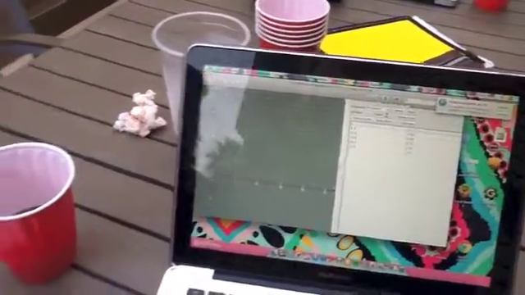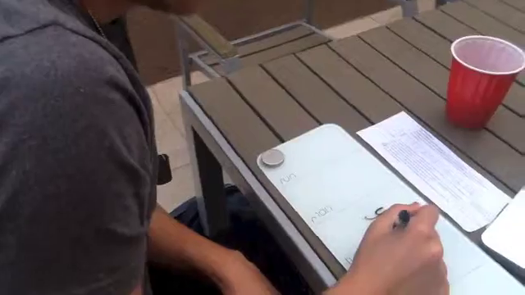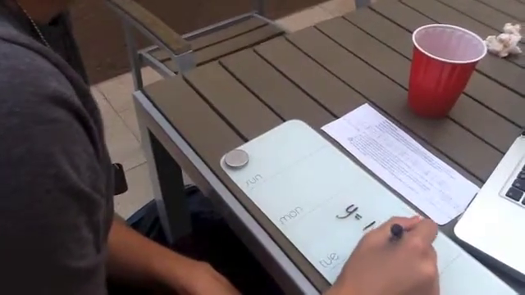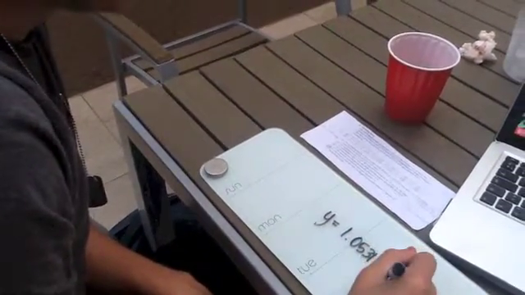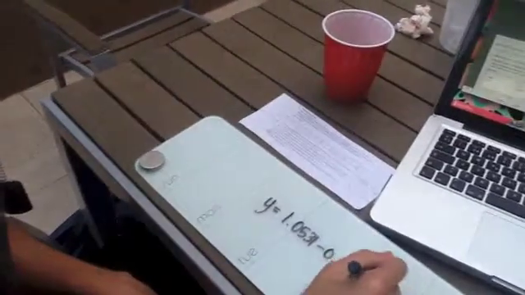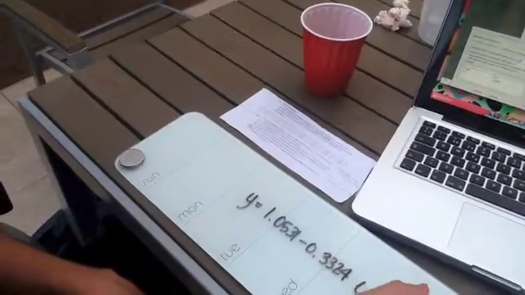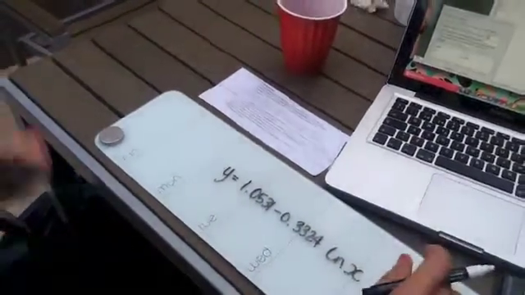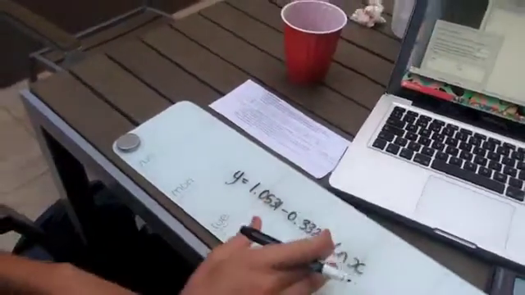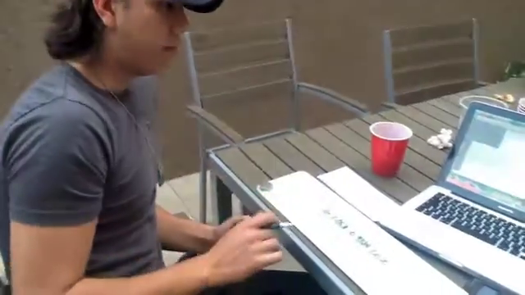We concluded that our equation was y equals 1.0531 minus 0.3324 ln of x. We concluded that this is the equation we are going to be basing all of our values on since now.